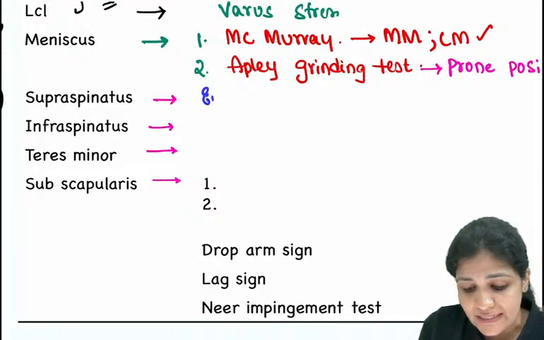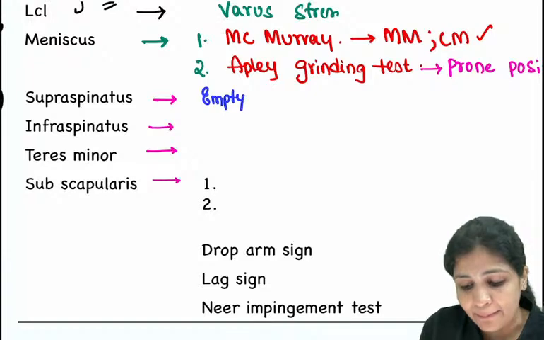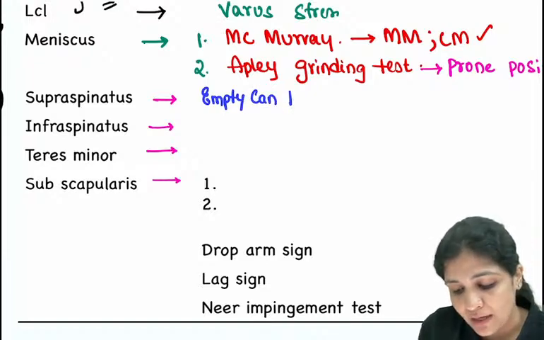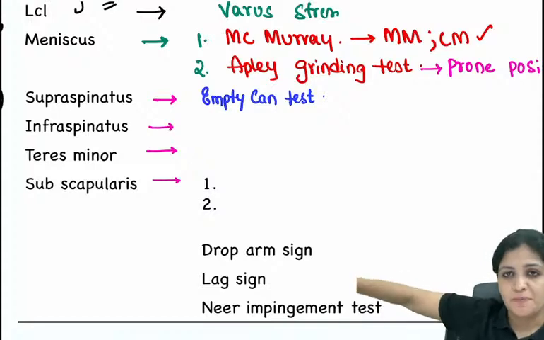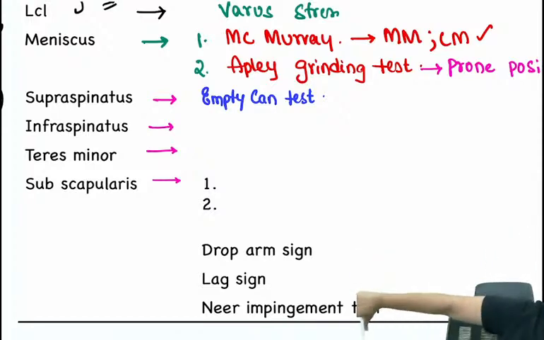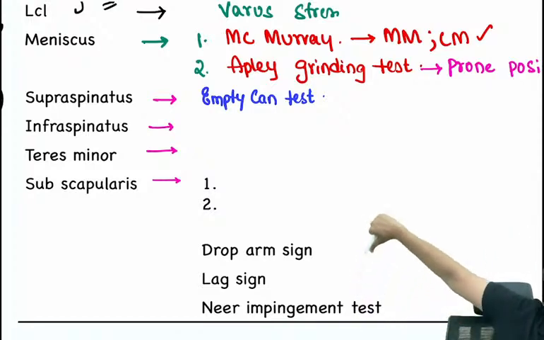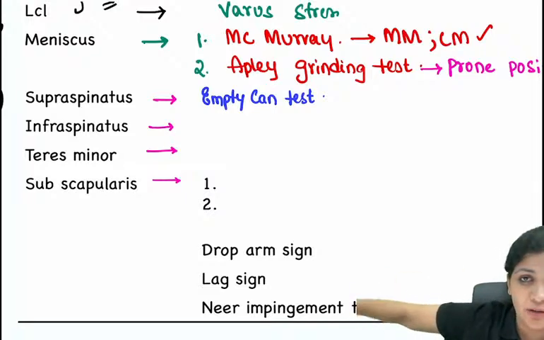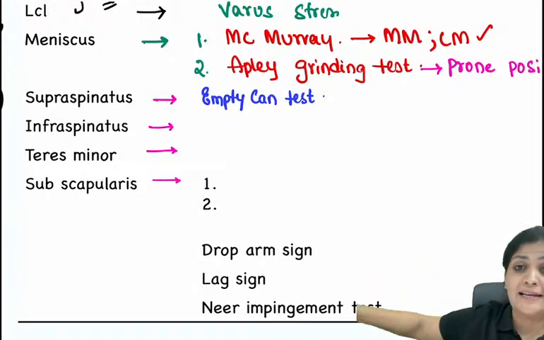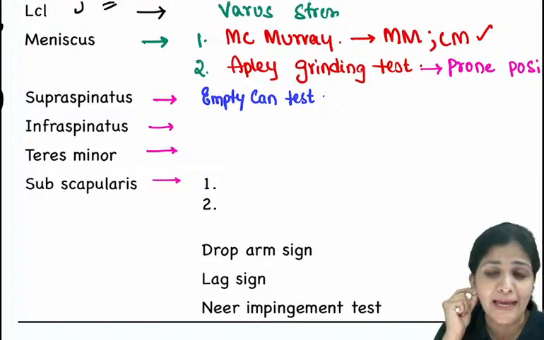So this is the test we examine in abduction, called the empty can test. We try to lift the patient's hand up against resistance. The patient will try to lift it up, but against the resistance of the examiner.